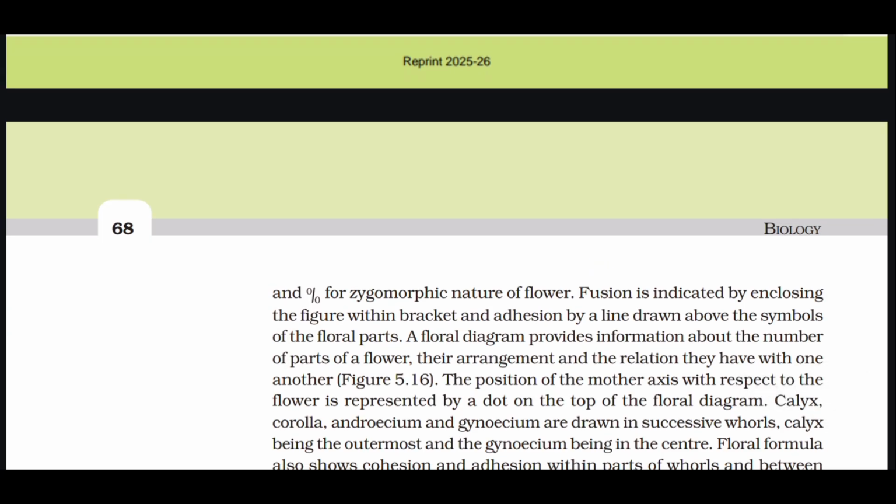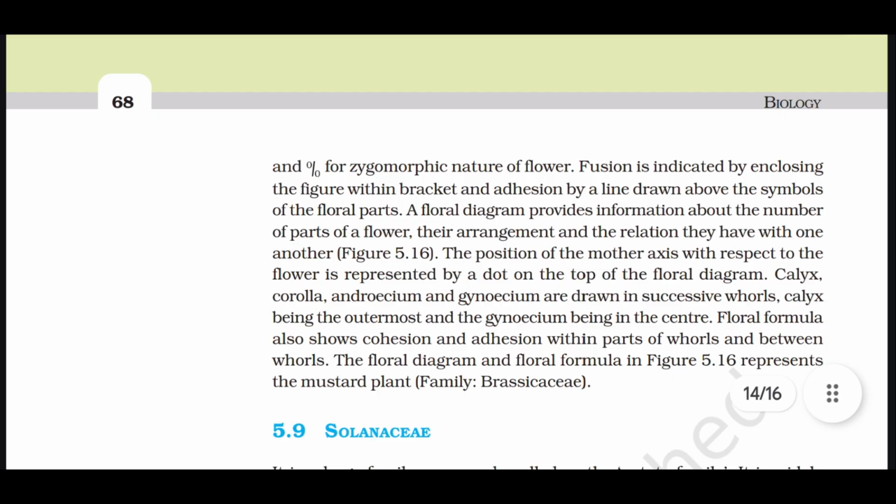Fusion is indicated by enclosing the figure within brackets, and adhesion by a line drawn above the symbols of the floral parts. A floral diagram provides information about the number of parts of a flower, their arrangement, and the relation they have with one another. The position of the mother axis with respect to the flower is represented by a dot on the top of the floral diagram.